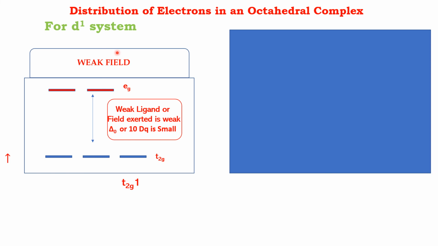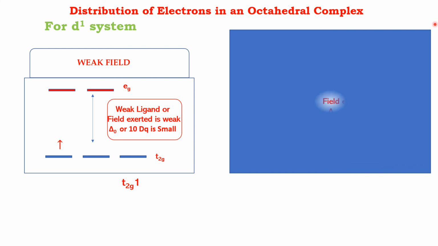That means I am considering a d1 system in a weak field, where the ligand is very weak. In such a case, the first electron will enter the t2g orbital, which has minimum energy. So the first electron will be entering the t2g level, which is stabilized by an energy of 4 Dq.